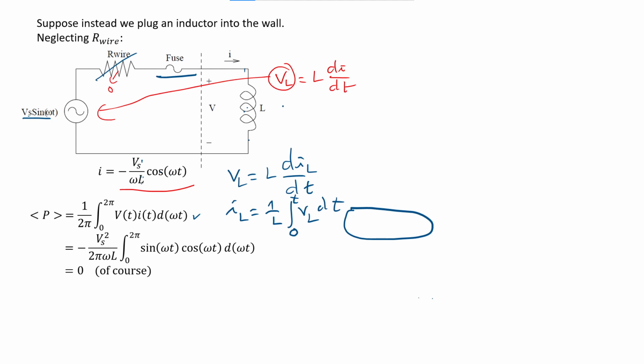The inductor does not produce any extra energy. It can only store and discharge the energy. So the average must be 0. It means if it stores X amount, it will release X amount, so on average it must be 0, right?